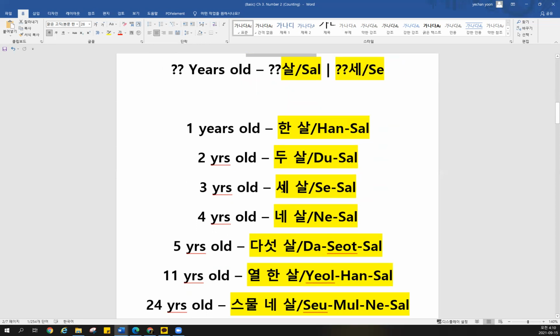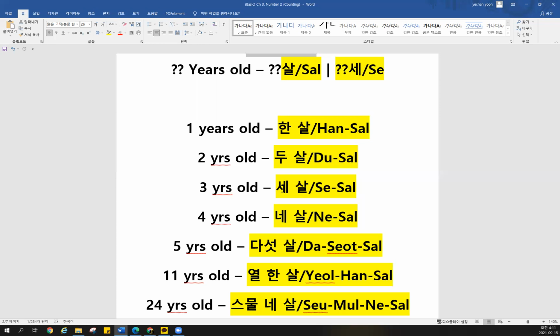So 1 year old, 한 살. 2 years old? 두 살, changing form. 3 years old, 세 살. 4 years old, 네 살. 5 years old, 다섯 살. All right. 5 is never changed because there's no changing form for that one.